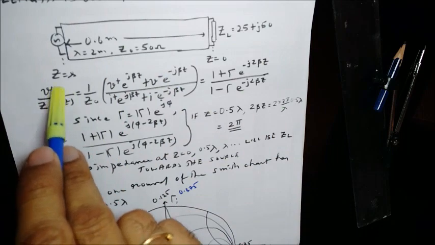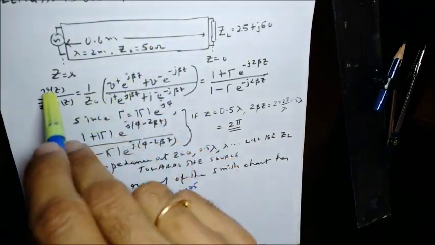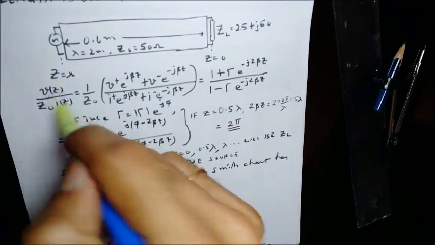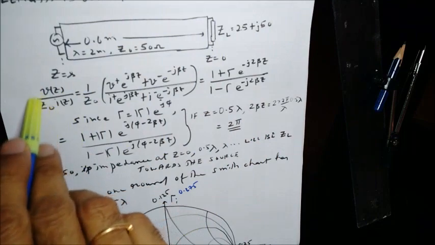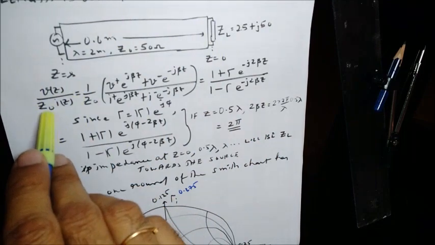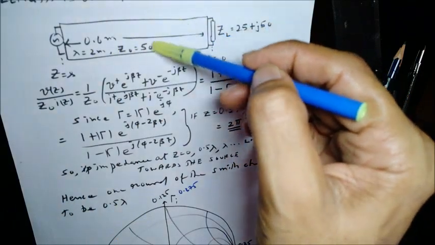So Vz is the potential at that point and Iz is the current at that point. If I divide Vz by Iz and then multiply that result with 1 by Z0, or normalize with respect to the characteristic impedance, I will get the normalized impedance at any point on the line.